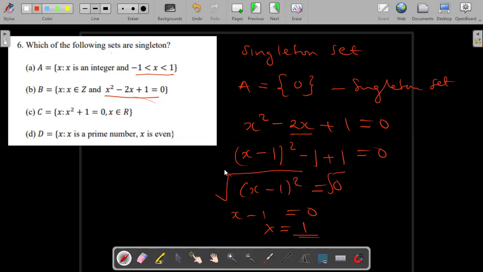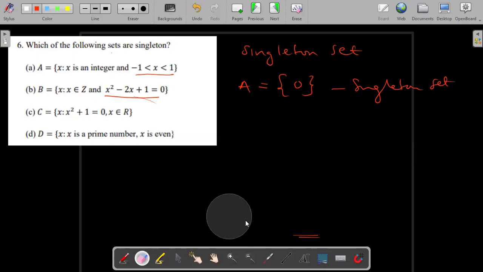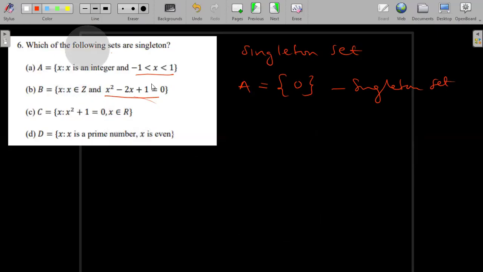But now we see that it only gives us one value, which is 1. So this is a singleton set. Set B, which only has the element 1 that we found, is a singleton set.